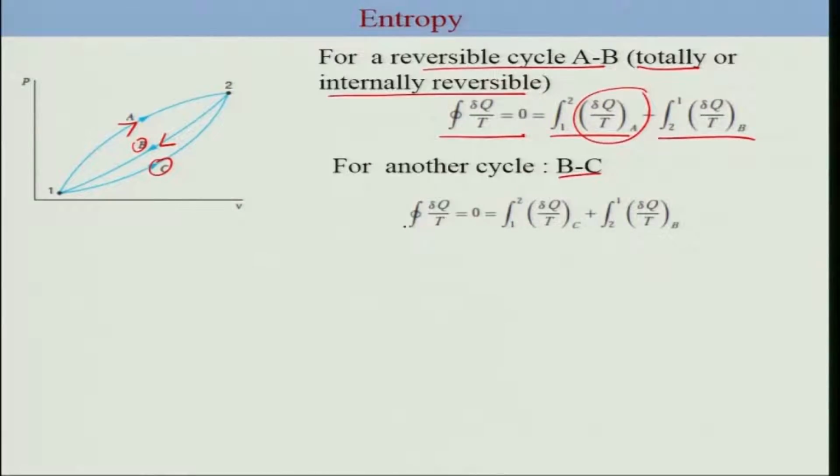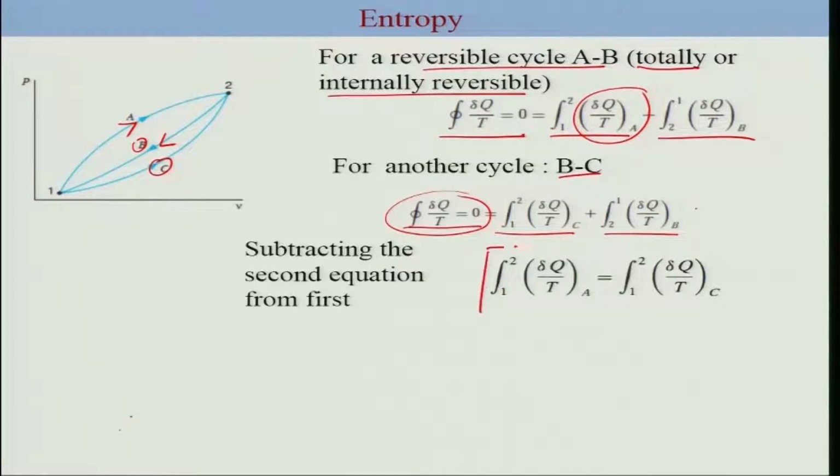Again, being a reversible cycle BC, this expression is 0, which can be separated into paths B and C. Now you can subtract one from the other, B being common, so the integral from 1 to 2 along path A should be the same as that along path C, which means this expression is independent of path.